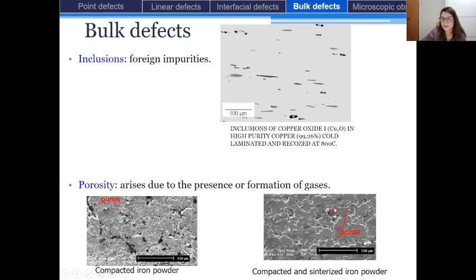Here also, you can see that in this second case, there is a smaller number of pores, because the material has not only been compacted, but it has also been submitted to high temperature. So the particles could melt and fuse together, and so it reduces the porosity of the material.